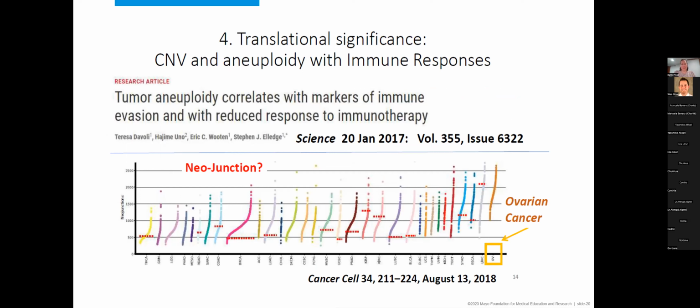And I think a lot of us know that if we're looking at microarrays, if we see a high-grade ovarian tumor, a lot of times it's very abnormal and has a lot of different copy number states, a lot of different breakpoints. So how does that correlate with immune response and all of the different signatures that we can associate with copy number status?